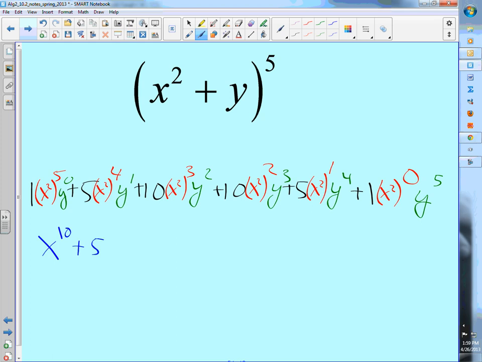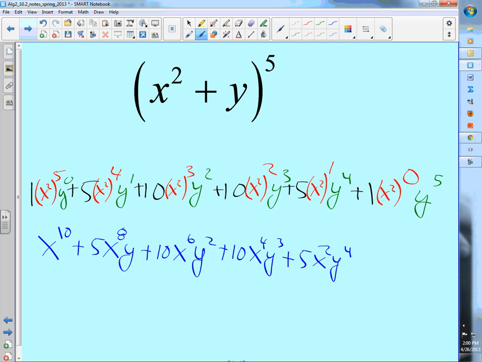Plus 5x to the 8, and then y, plus 10x to the 6th, y squared, plus 10x to the 4th, y cubed, plus 5x squared, y to the 4th, plus y to the 5th.